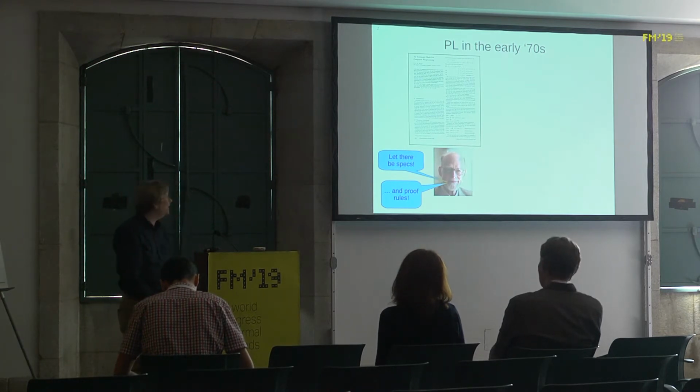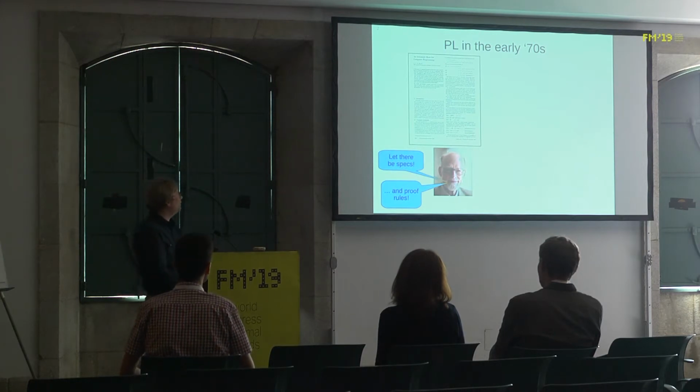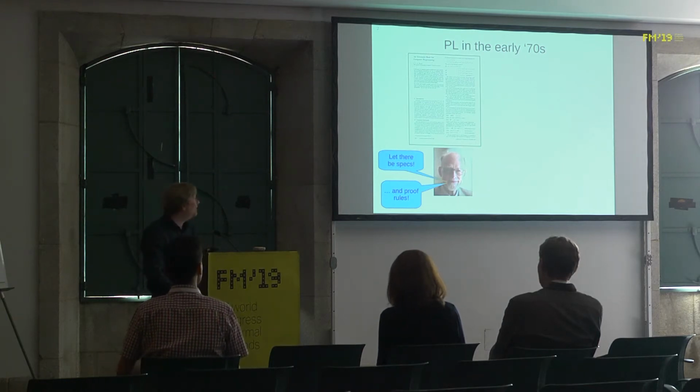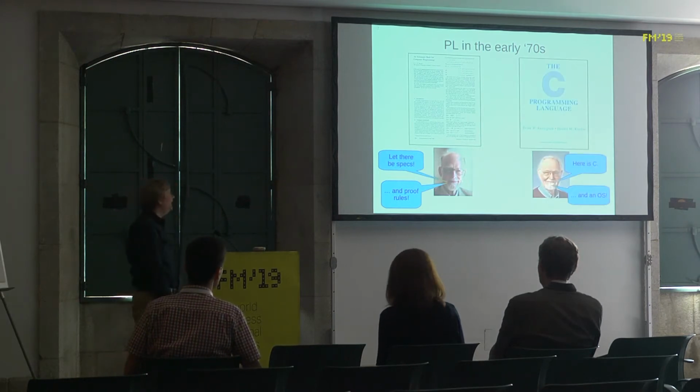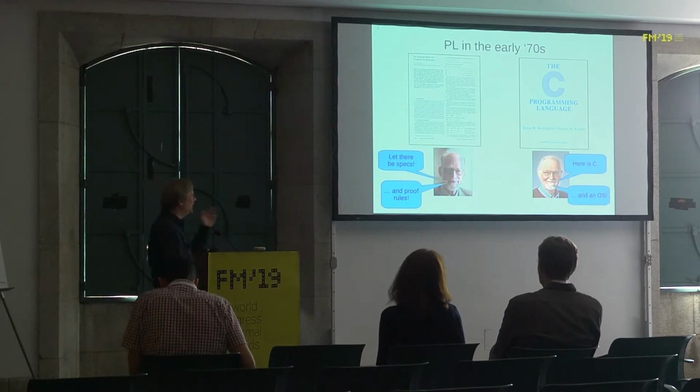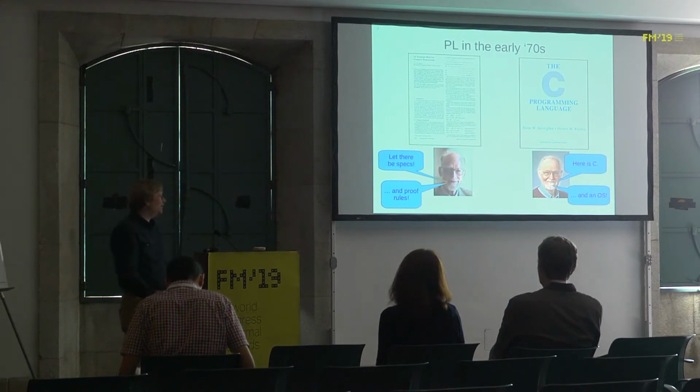But that's not the only contribution in programming languages that happened in the early 70s. Something else that has affected the world very much over the last 50 years is the C programming language, taking somewhat different decisions. Here is Brian Kernighan, who together with Dennis Ritchie and Ken Thompson designed C and used it to write operating systems, which has been the foundation of a lot of the infrastructure we've been profiting from.